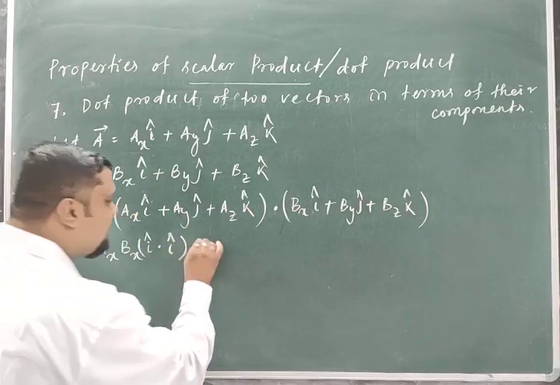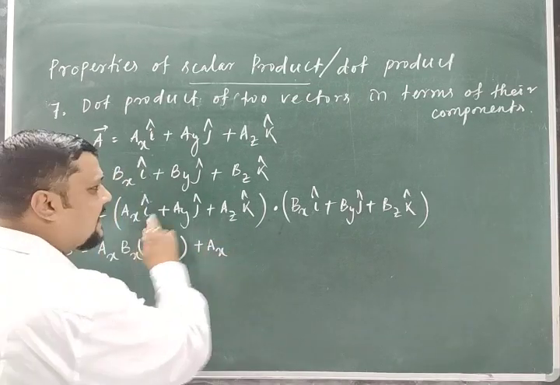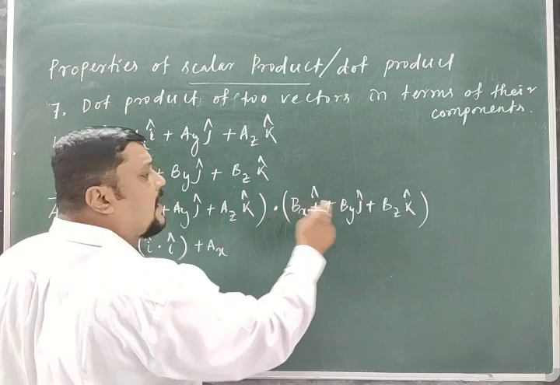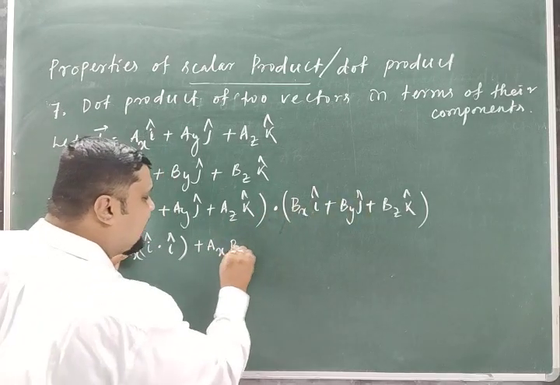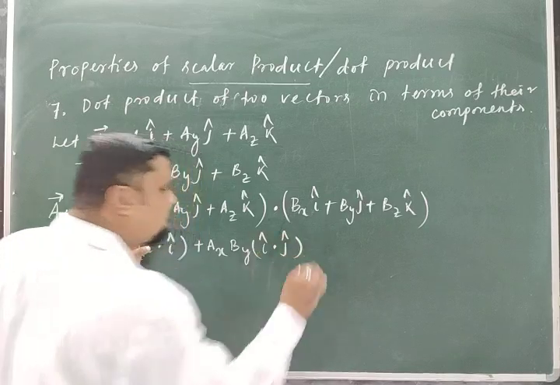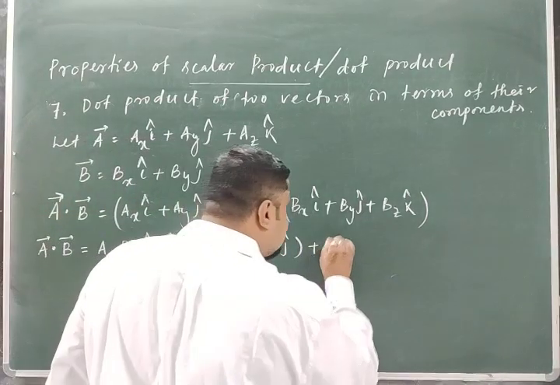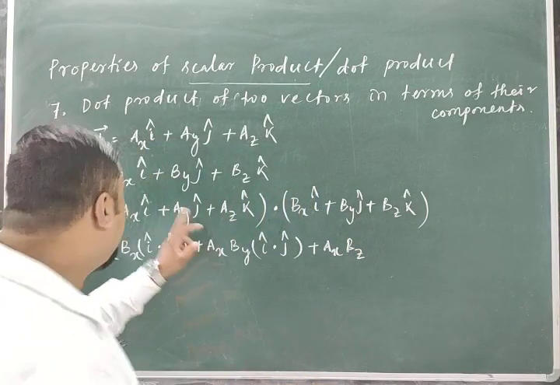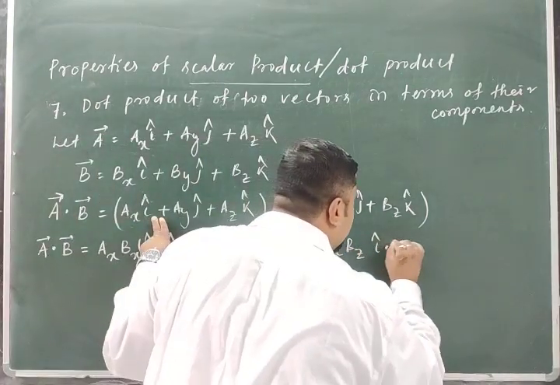Similarly, the next term will be ax i cap multiplied with by j cap, meaning ax i cap dot product with by j cap. So ax by, let me write the scalars, then i cap dot j cap. Then plus ax bz, multiplied with i cap dot k cap.